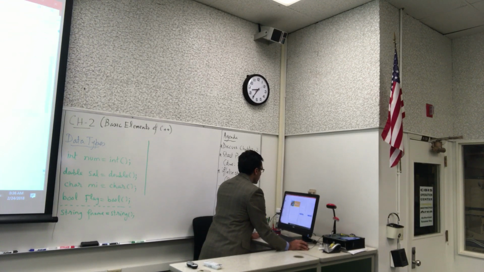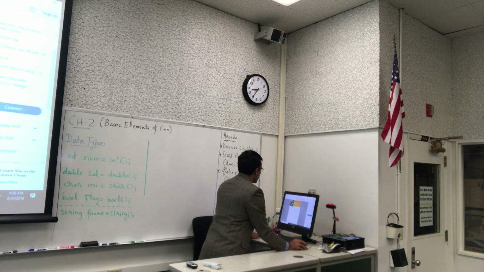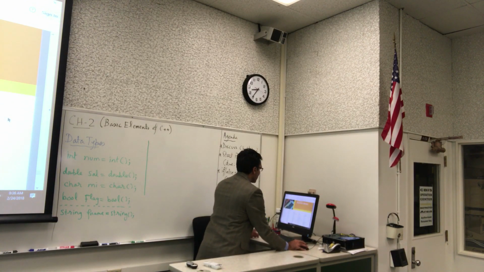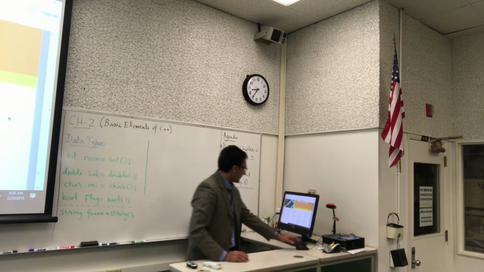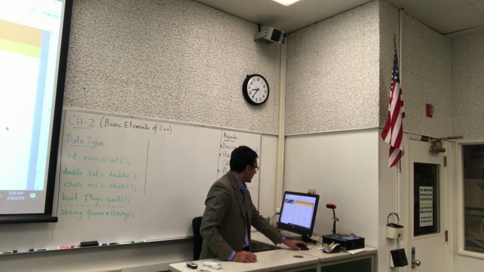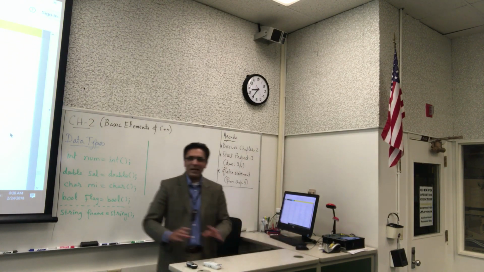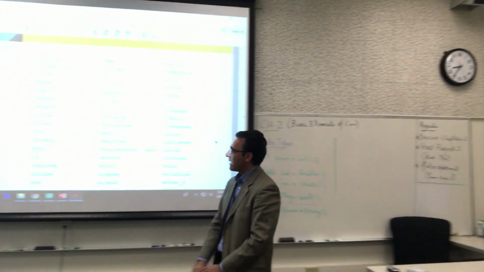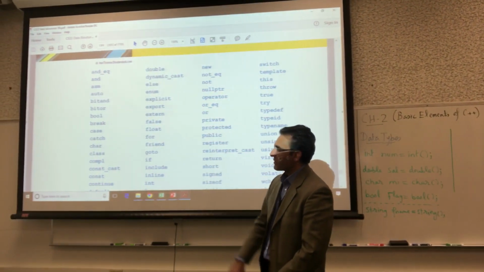Okay, right here. I'm actually looking at page 1561, so I was off. These are all the reserved words of the C++ language. If you want to see what exactly C++ entails, these words have a special meaning.